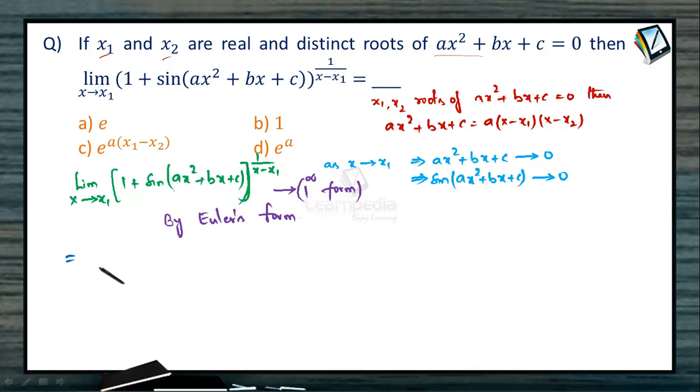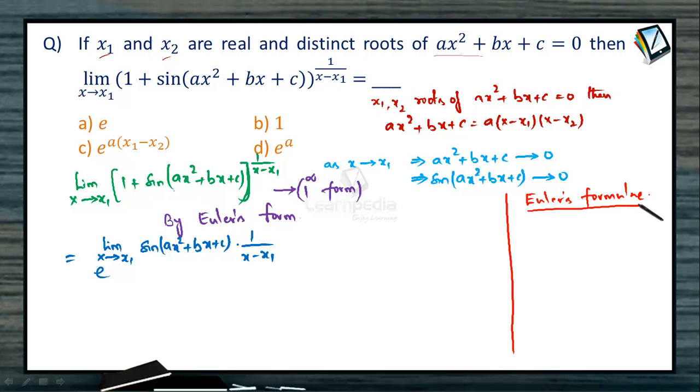This given limit would be e to the power of the limit as x tends to x1 of sin(ax² + bx + c) times 1/(x − x1). Now it would be appropriate to revise the most important form of Euler's formula.